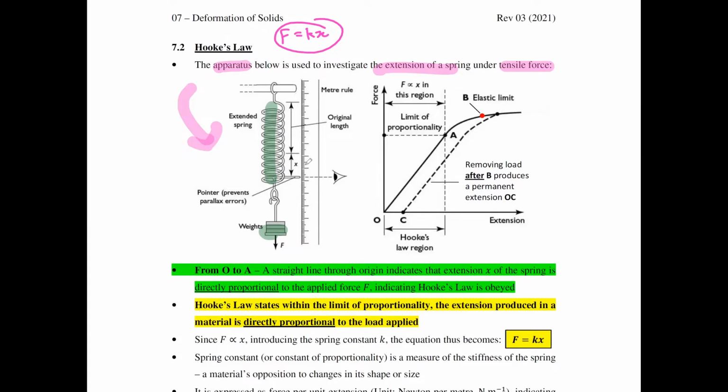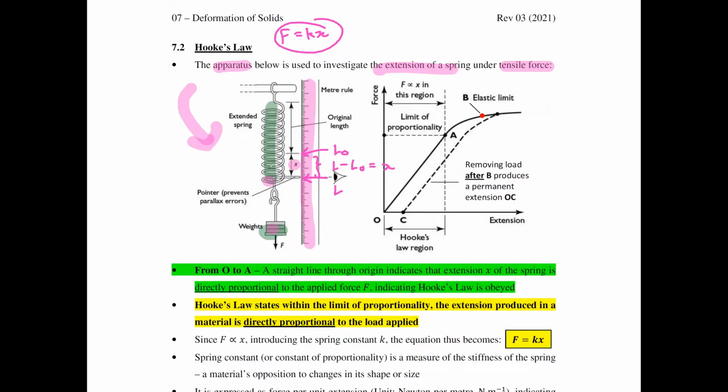So for that purpose, you put a ruler here. When you apply a load here, the spring extends by a certain amount x. What you will do is take the original length here, note it down, and then note down the final length here. The difference between these two will give you your extension.